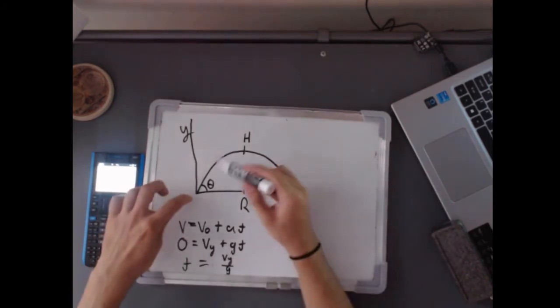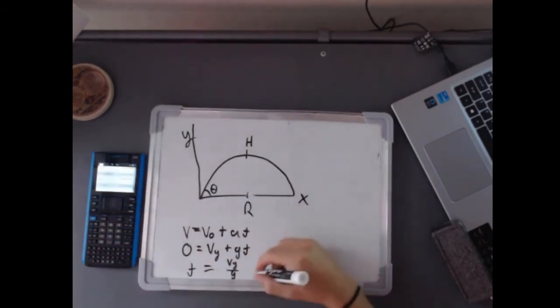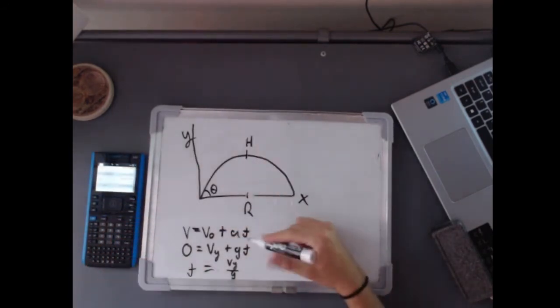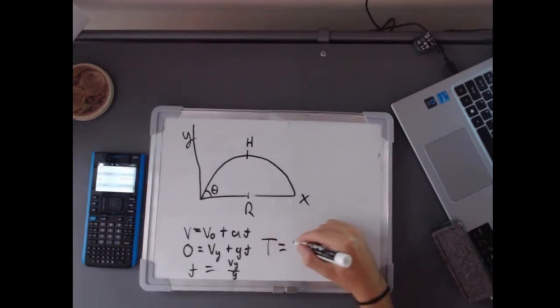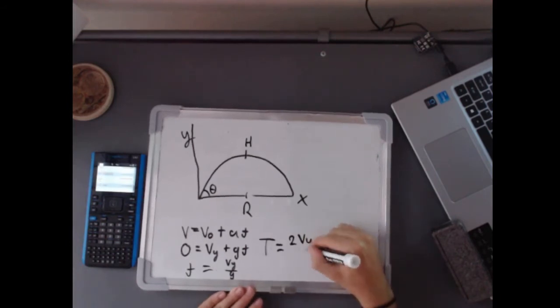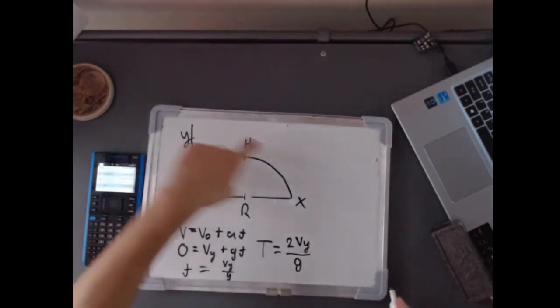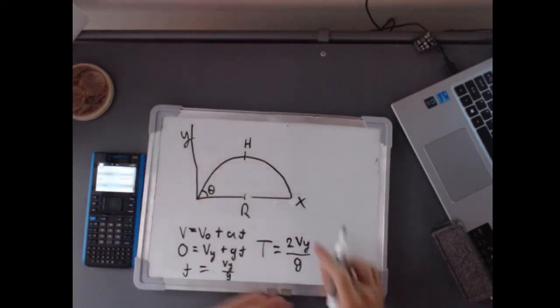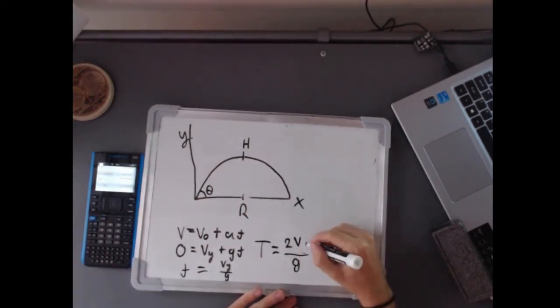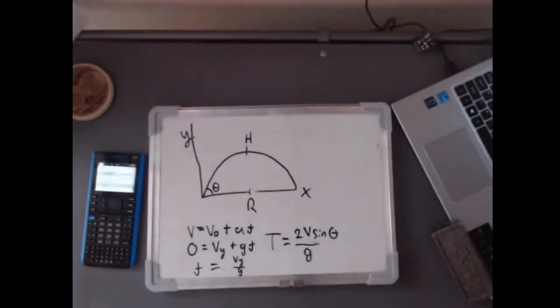But that's just the time from here to halfway. So doubling it, that'll be the time until it hits the ground again. We get t is equal to 2vy over g. That is our time for a marble launched at angle theta. vy, of course, is just equal to v sine theta. Voila.